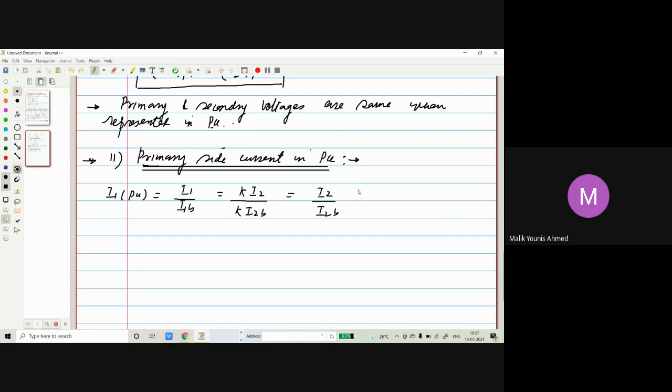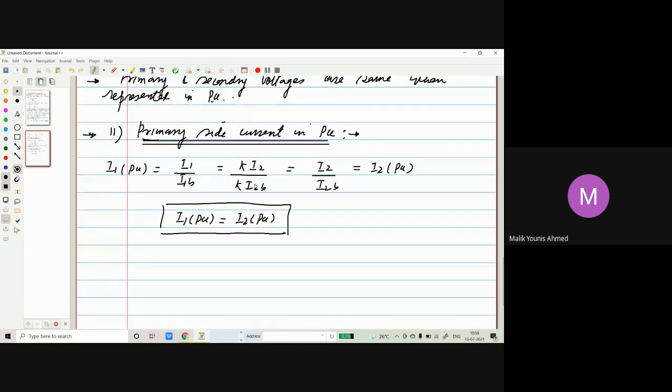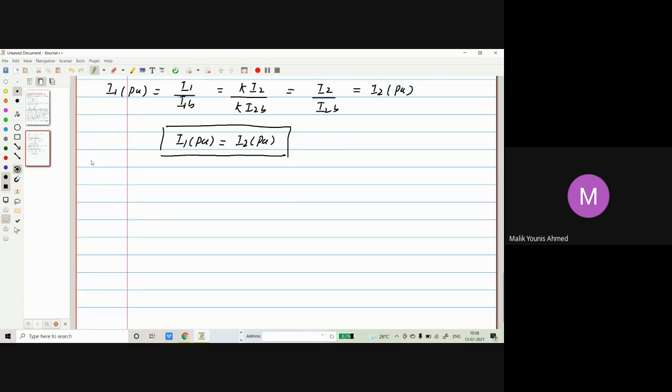That is nothing but the actual value of the current divided by the base value of the current, which is the per unit value of the current on the secondary side. So we can also conclude that whatever the per unit value of the current is on the primary side, the same value will exist on the secondary side also. This expression is also important for us. Now, third, MVA rating.